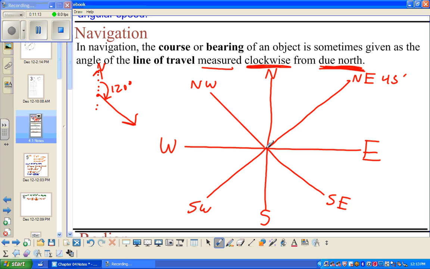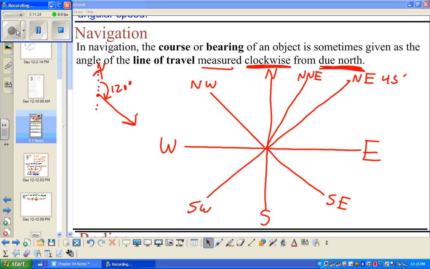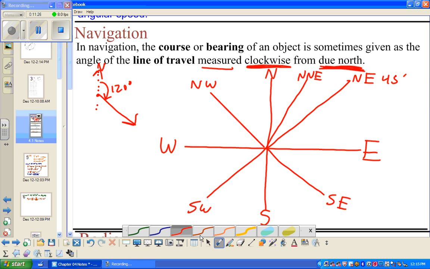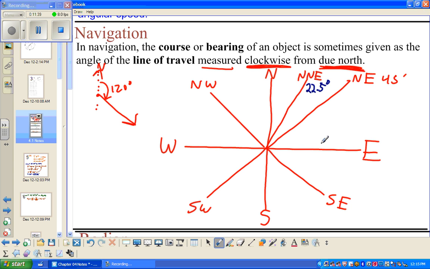If you split them again, here we would call this north, northeast. You should realize quite quickly that that would be a bearing of 22.5 degrees. And similarly, you should be able to find the rest of these quarter marks, if you will, per quadrant.